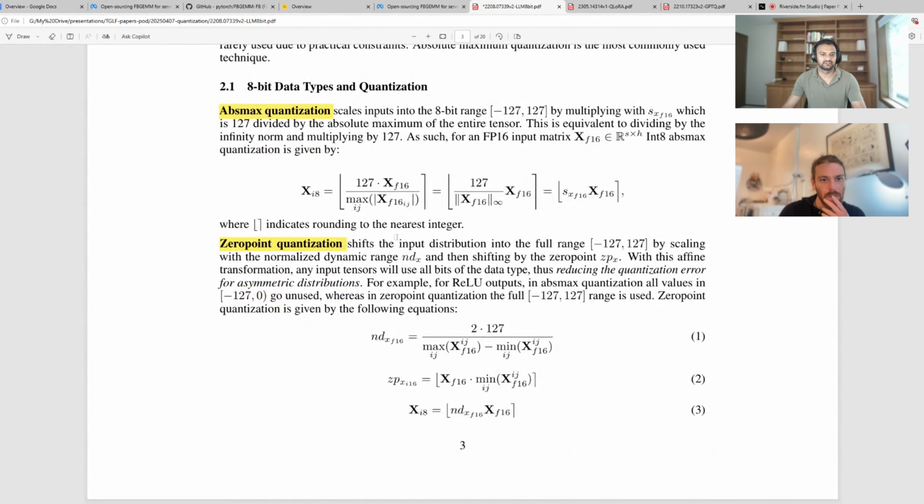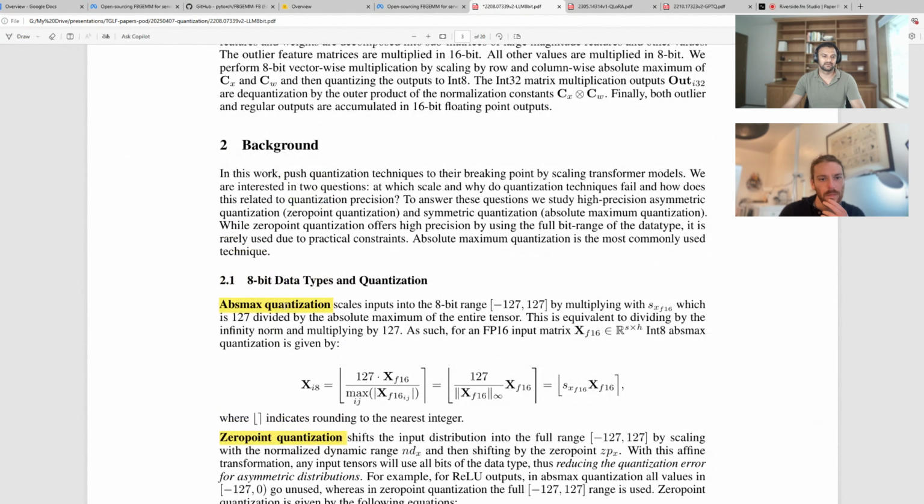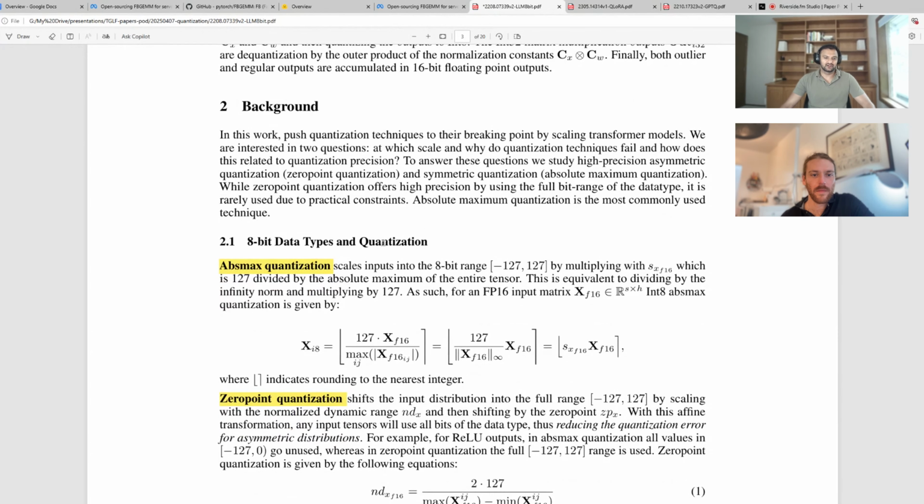They have some background information, which I think is helpful to understand what FPGen does. Lucas, I think you already showed a nice visualization of how the weights move. Here they have two key concepts: absmax quantization.